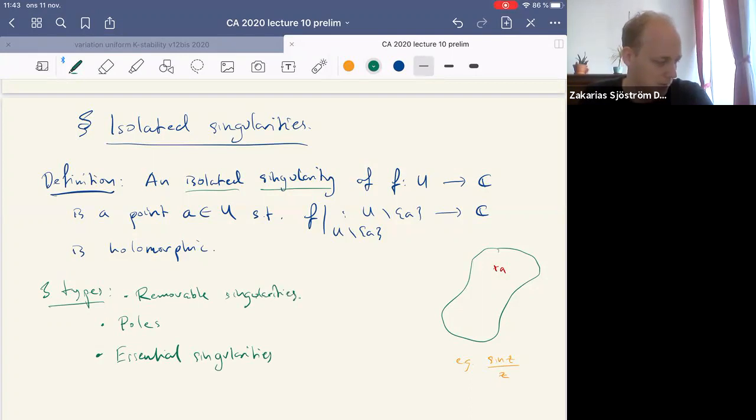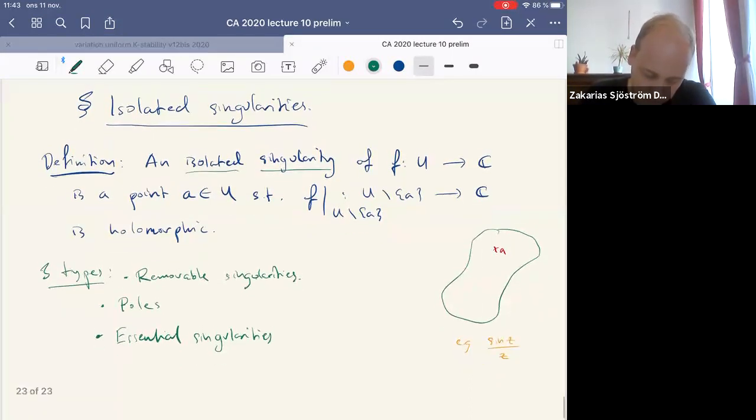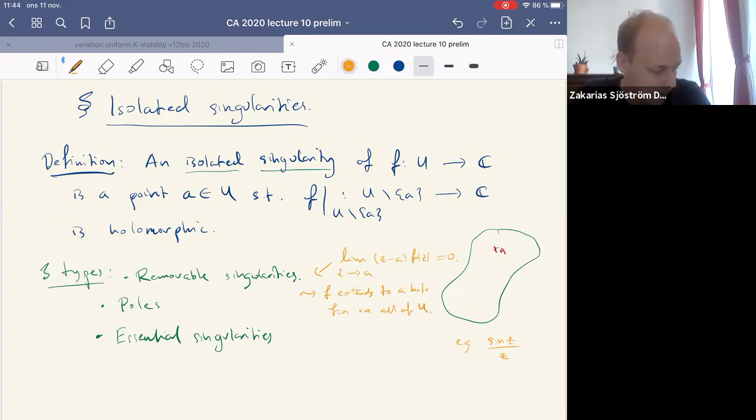So we have already seen what it means to be removable, right? So we have seen about the removable ones. We have seen that the definition is that the limit as z goes to a, so it's removable at a, if this thing here is equal to 0, and then f extends to a holomorphic function on all of U. If you remember that we did this, and the example was this.